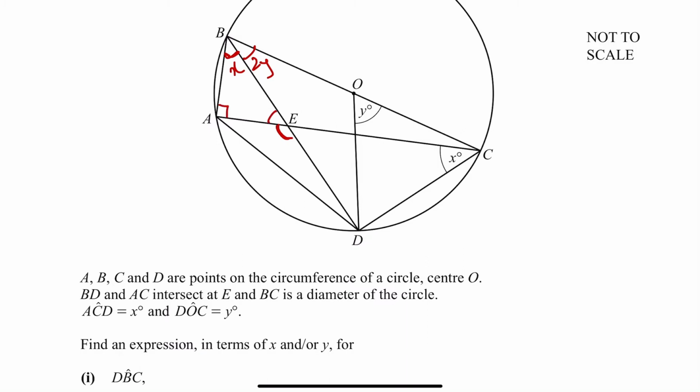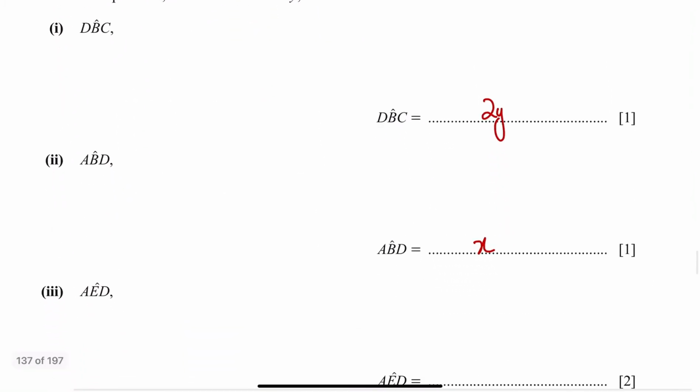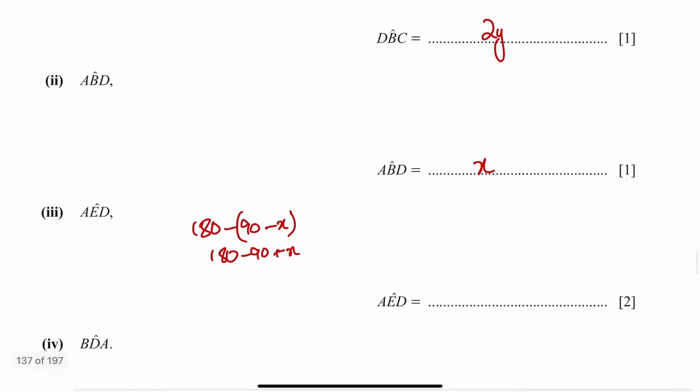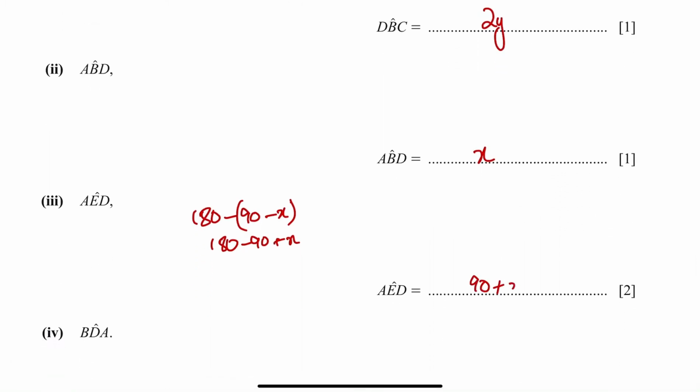Therefore, this should be 90 minus x. And this entire thing should be 180. So 180 minus 90 minus x. So 180 minus 90 plus x. So again, 90 plus x.